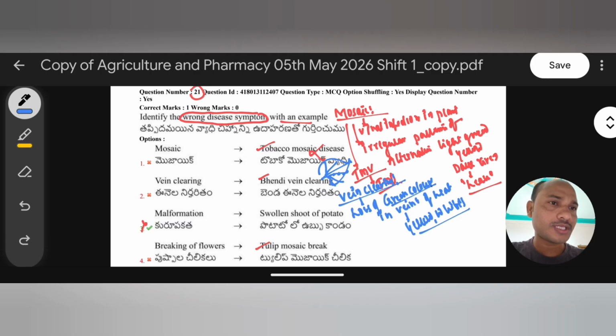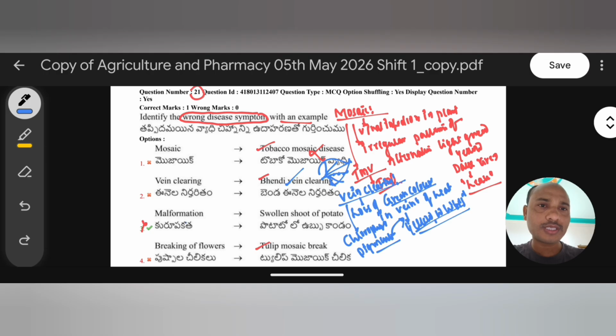Because chlorophyll pigment breaks down. Generally chlorophyll pigment is responsible for green color, but here the chlorophyll pigment gets broken down. Due to the breakdown of chlorophyll pigment within the veins and veinlets, there is a formation of yellowish or whitish structure. Such symptoms are called vein clearing, which is generally seen in bhendi.